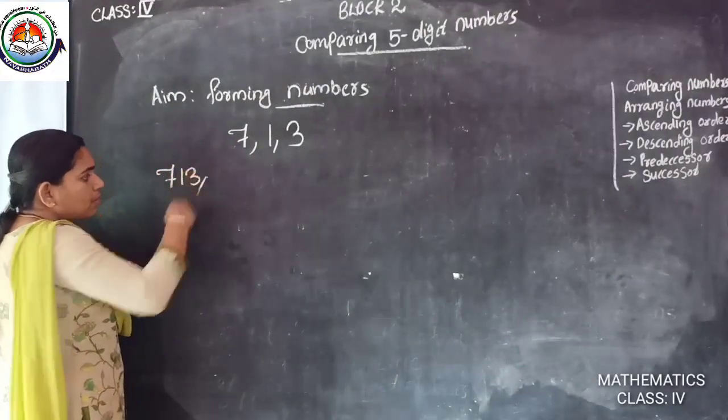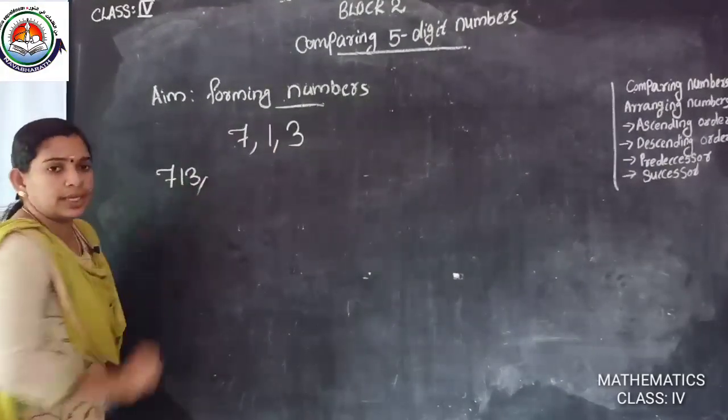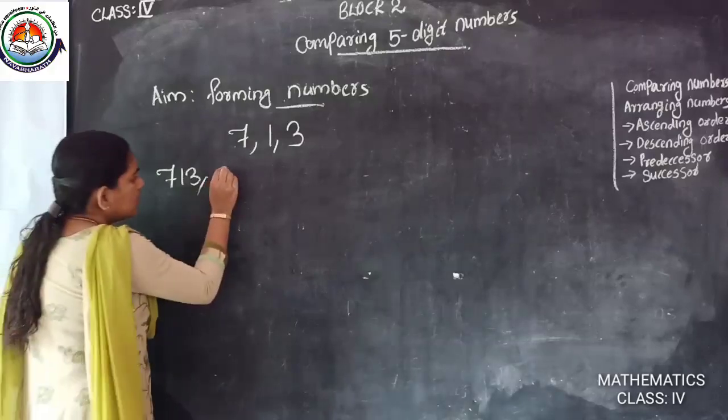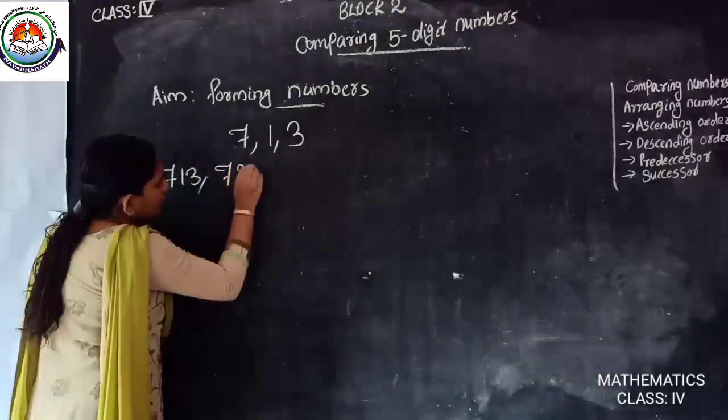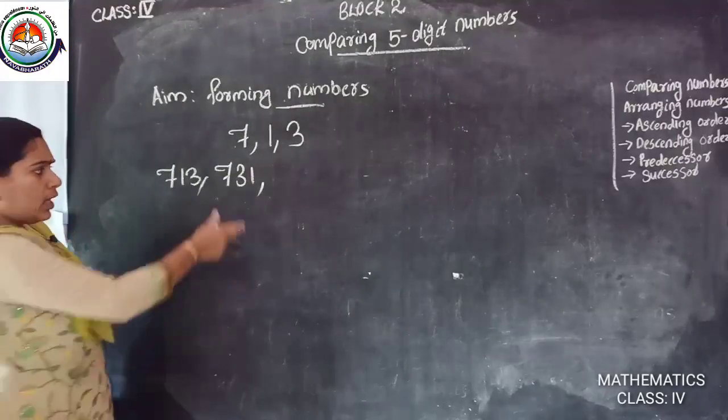Okay. Are you ready? 713 is one of the numbers. Here we are using only those digits 7, 1, 3. Okay, another number, 731. Any repetition here?